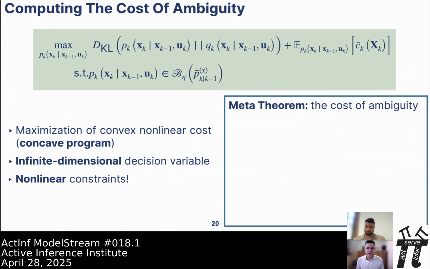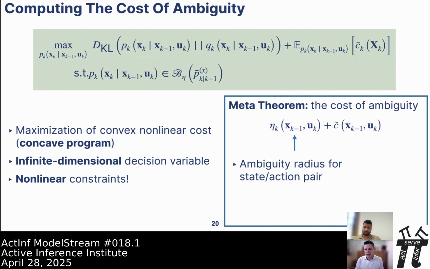This is actually a set of theorems, propositions, and lemmas, which I'm going to package as a meta-theorem, which is very informally stated. This meta-theorem says that the cost of ambiguity has a specific form. It's eta plus c tilde, where eta is a given. Eta is the radius of ambiguity, and c tilde is what our model computes. Now, this c tilde comes from solving an optimization problem that is now a scalar optimization problem.